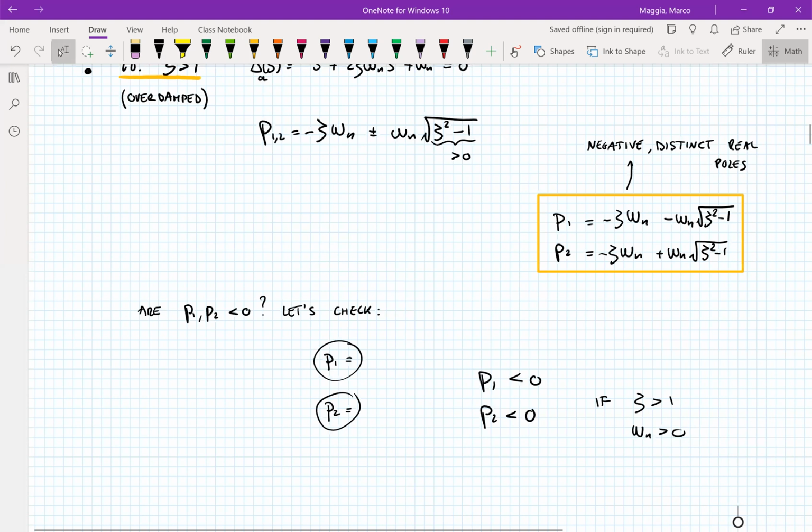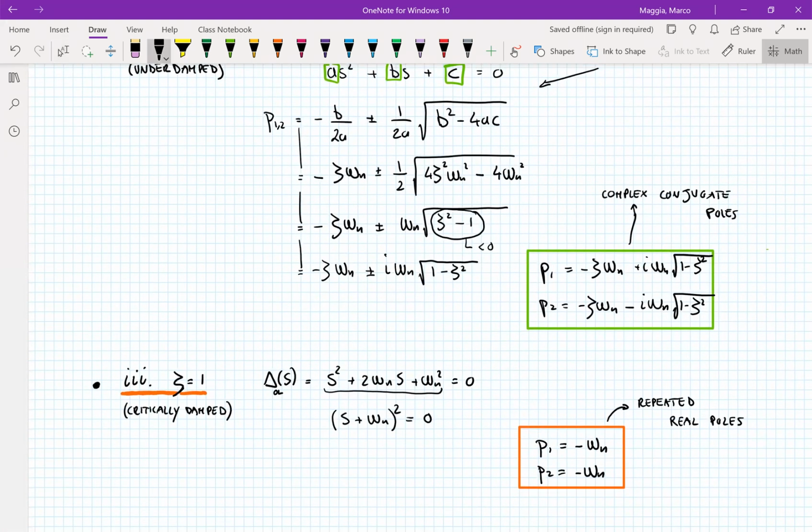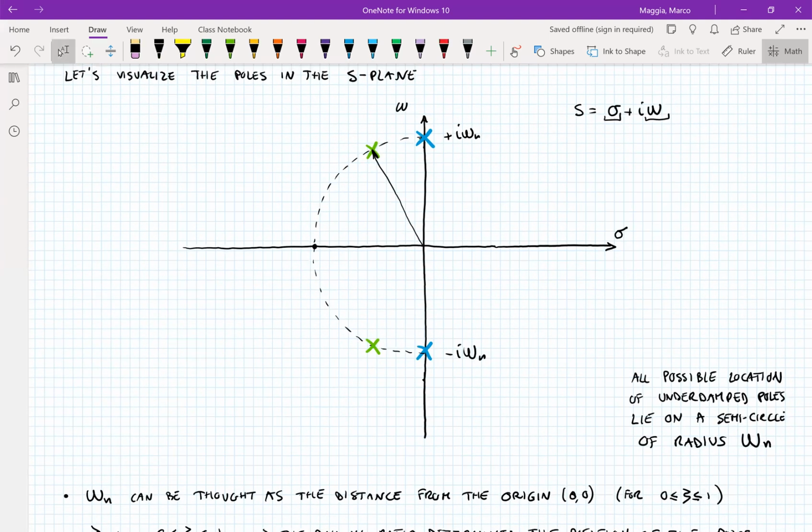If you go back to the expression for P1 and P2 in the underdamped case, you see that the real part is the same. So that is equal to minus zeta omega n. So let's write it down. This is minus zeta omega n, or, if you just want the distance, it would be the absolute value of that.